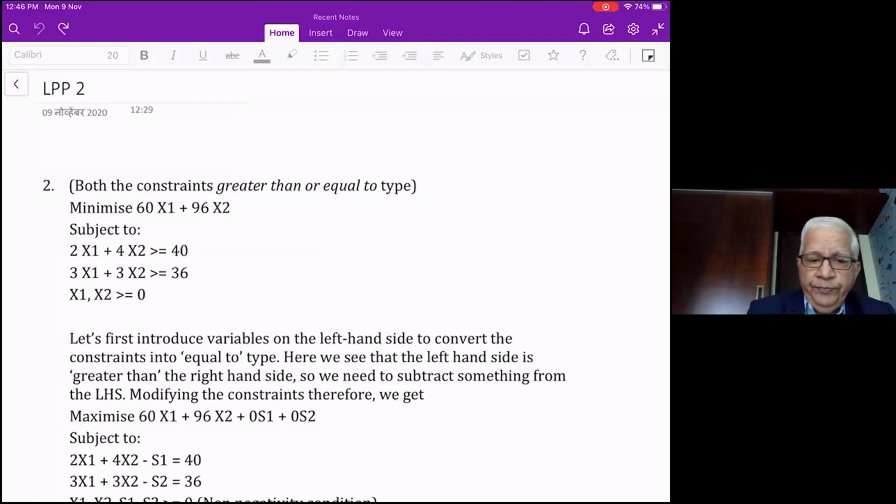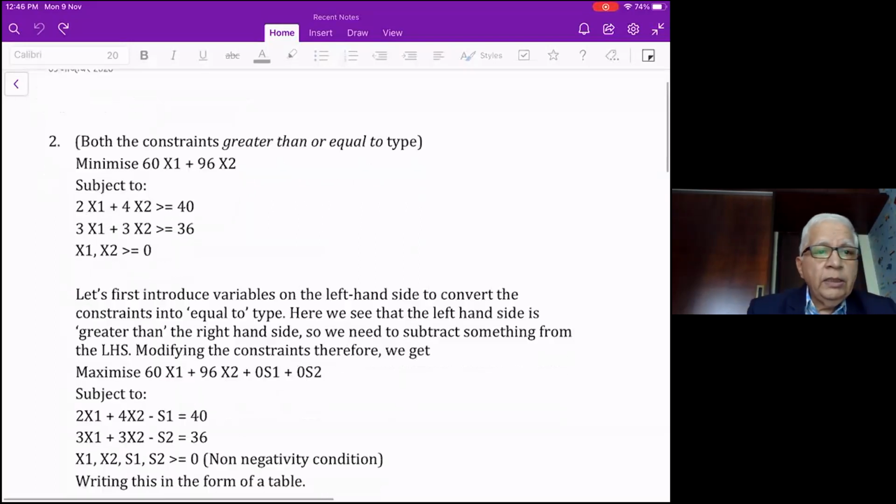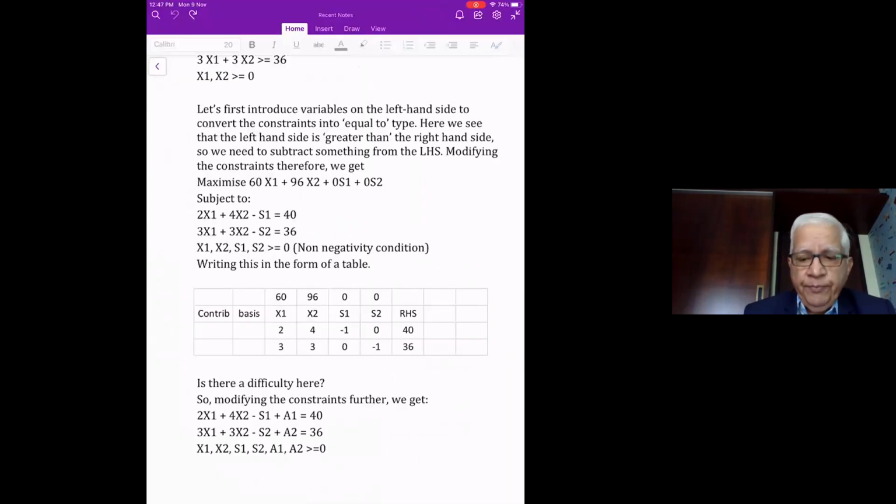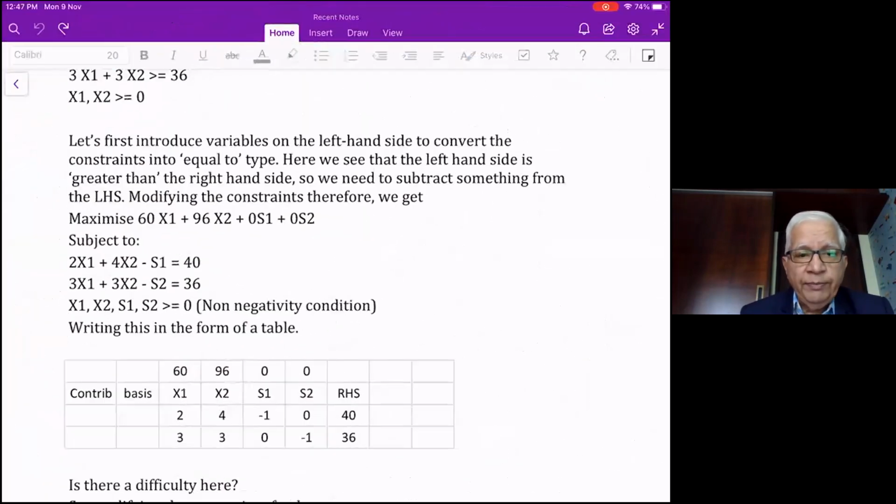2x1 plus 4x2, the first constraint, minus s1. What we are writing is minus s1 is equal to 40. We said that something needs to be subtracted from the left hand side. The something which is subtracted from the left hand side is minus s1.